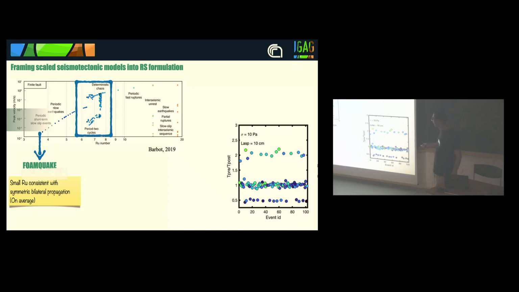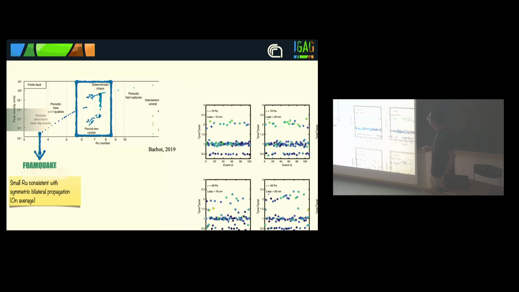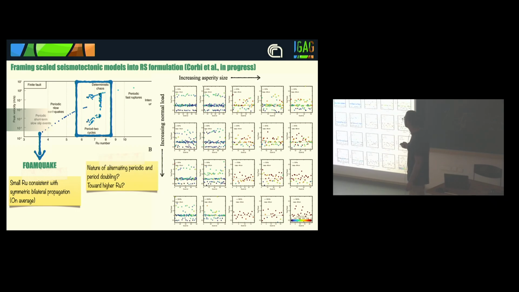We have done this for one experiment, but I ran a larger data set for all the asperity sizes that you saw before, and you still see periodic and period doubling, and then the picture becomes more blurred toward the right, which is increasing asperity size. A similar behavior occurs if you read this image vertically.